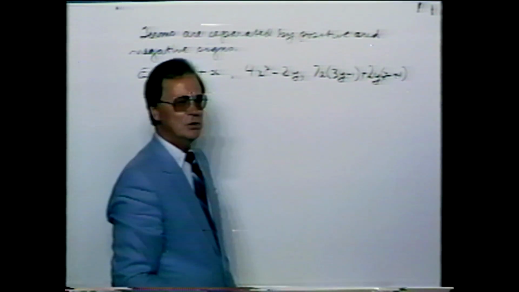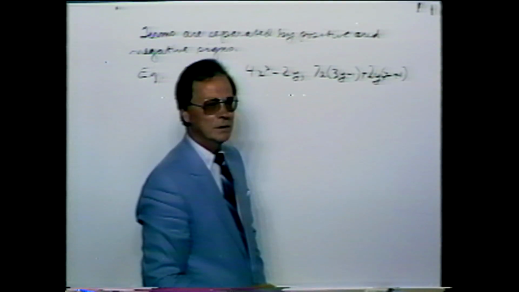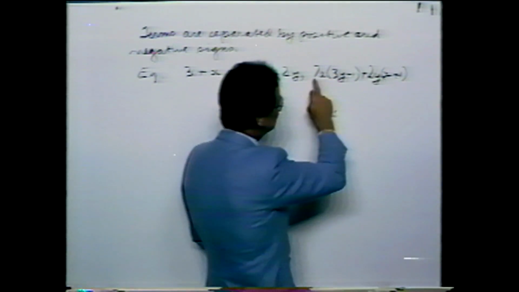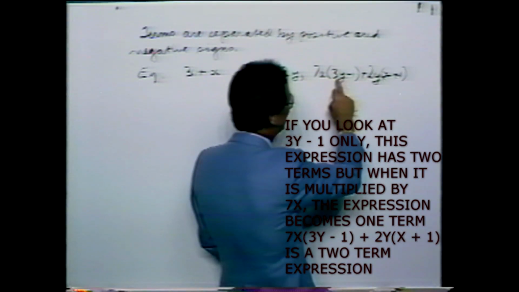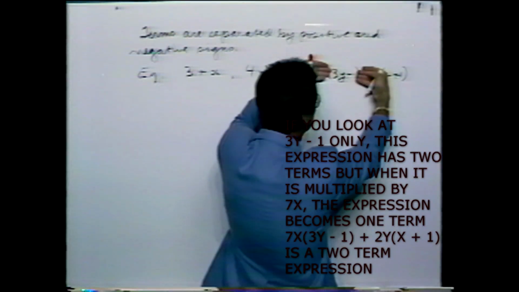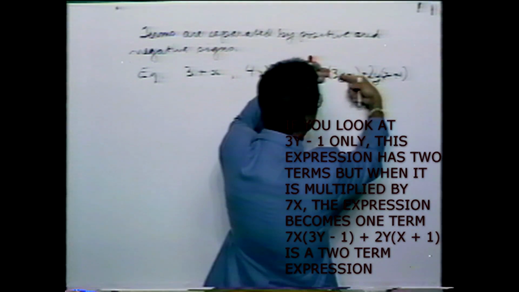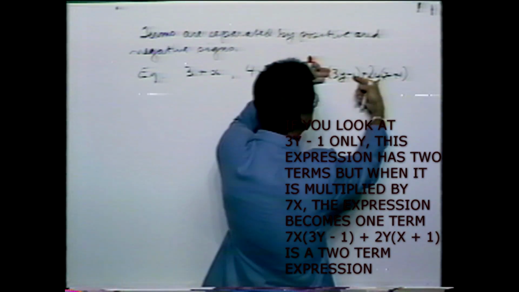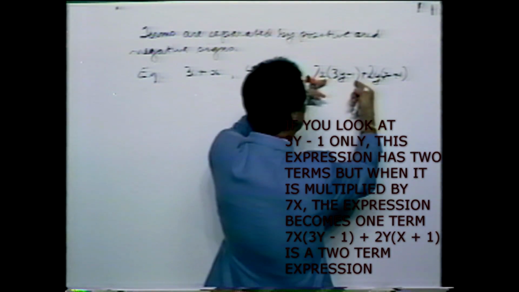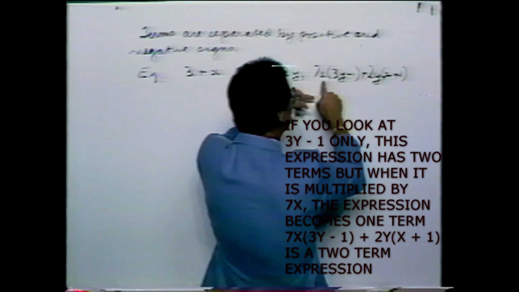You have to look at the overall expression in order to identify terms properly. Now, if you look at this particular term, 7x brackets 3y minus 1, of course, if you ignore the rest of the parts of that expression, you can identify two terms inside the brackets. But because it's enclosed within brackets, it's considered as a single unit together with 7x.